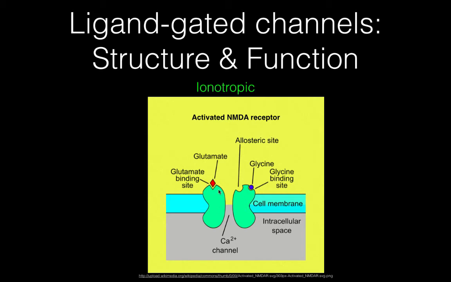Once bound, the channel will open up and will allow calcium to flow into the neuron. And there are other binding sites as well that will modulate this process. But essentially, this ionotropic receptor acts as an ion channel when it's bound with the appropriate ligand or chemical substance.